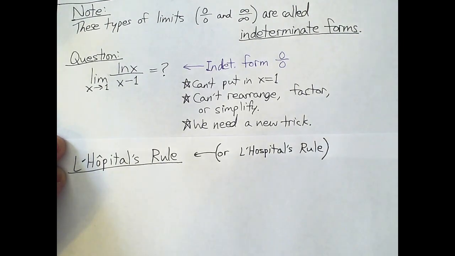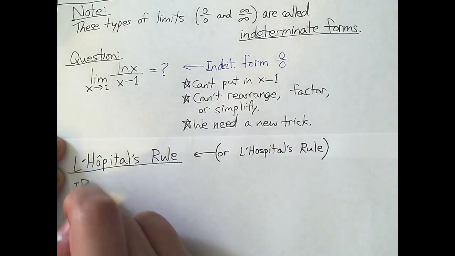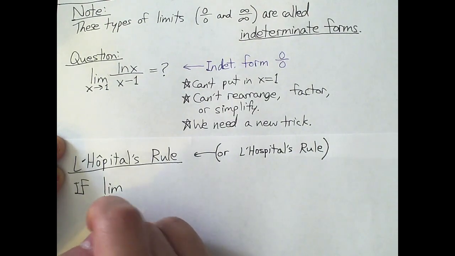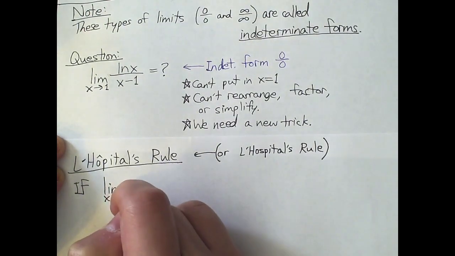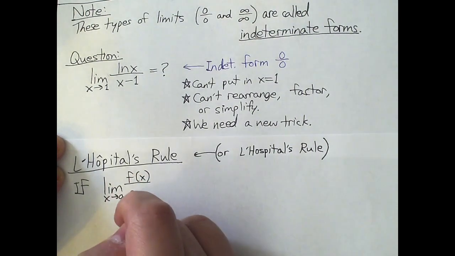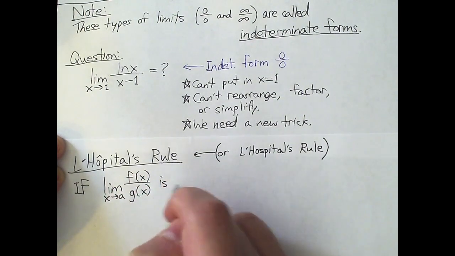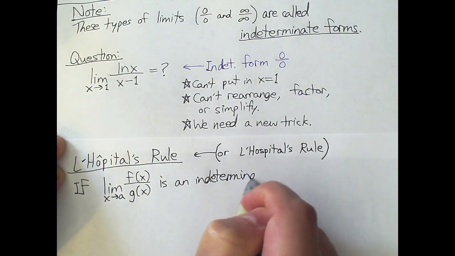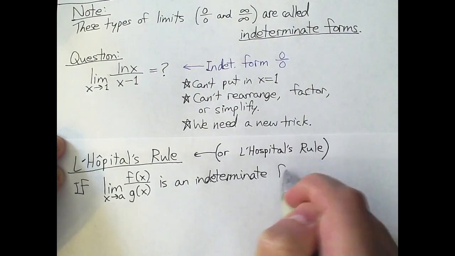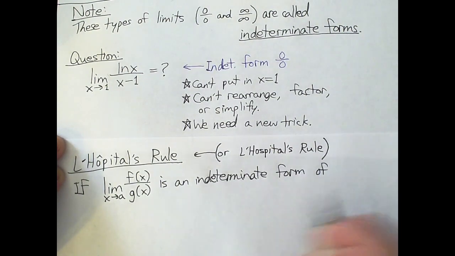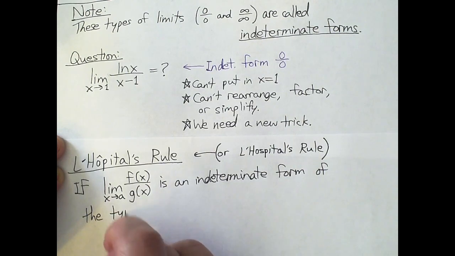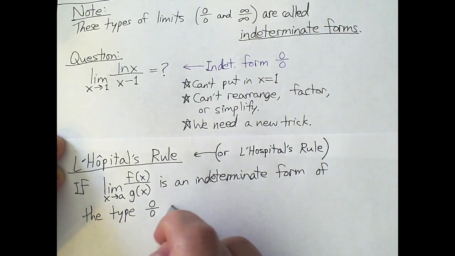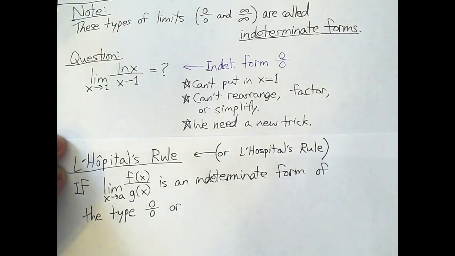And it says, if a limit as x approaches a of f of x over g of x is an indeterminate form of the type 0 over 0, or I guess you could say above the two indeterminate forms that we talked about were 0 over 0 or infinity over infinity.